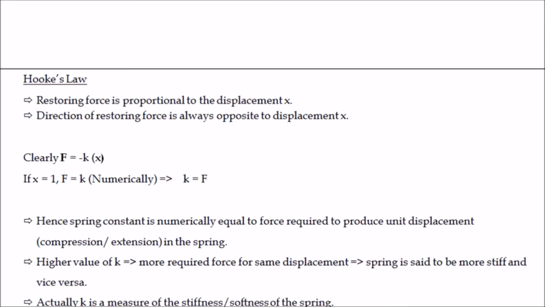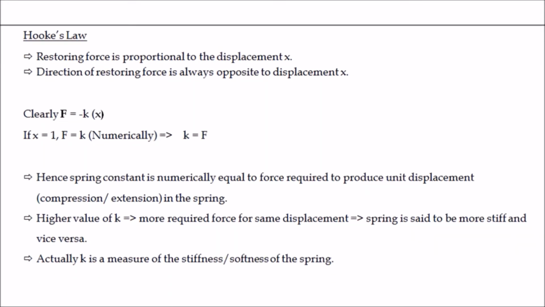The spring restoring force is given by Hooke's law, and Hooke's law says that this restoring force is proportional to the displacement x. That is, restoring force F is directly proportional to the displacement. The second thing is that the direction of the restoring force is always opposite to the displacement. That is, if the displacement is towards the positive x axis, then the restoring force will be towards the negative x axis, and vice versa.